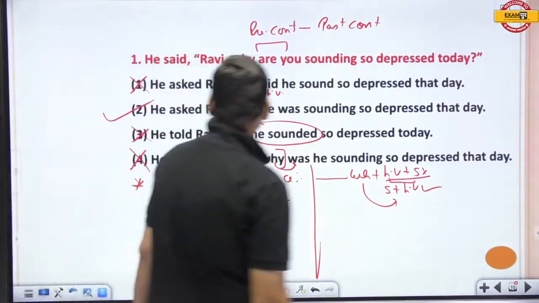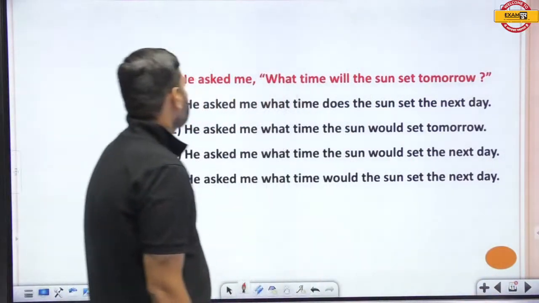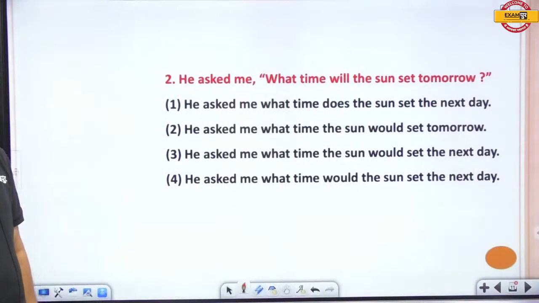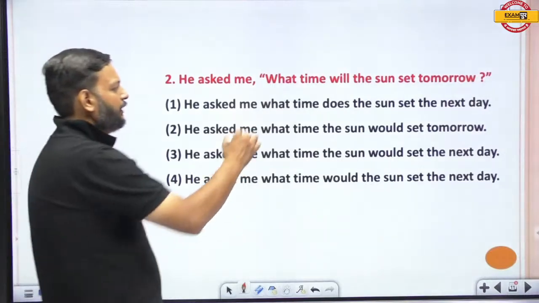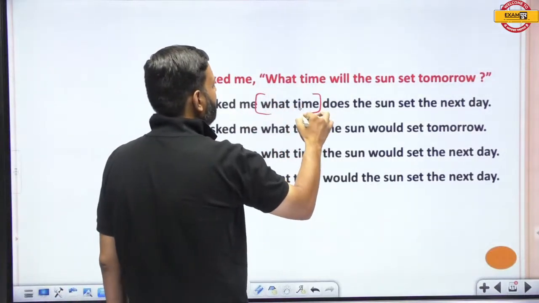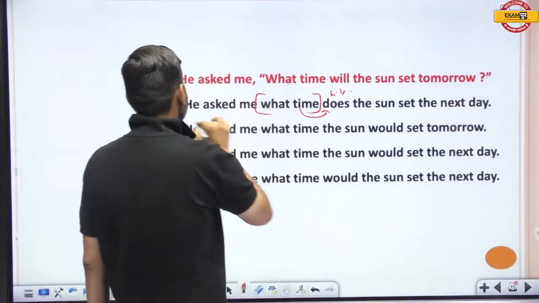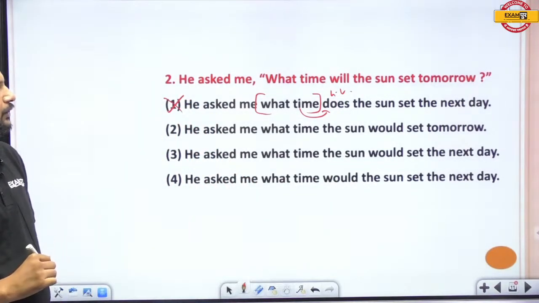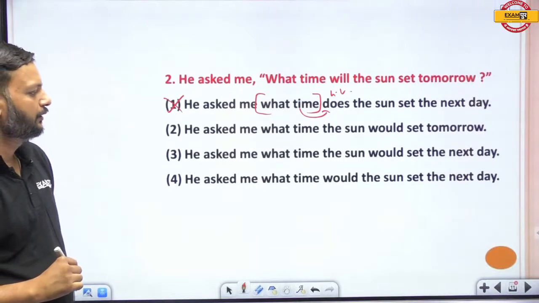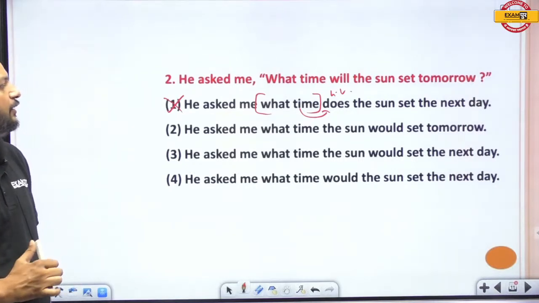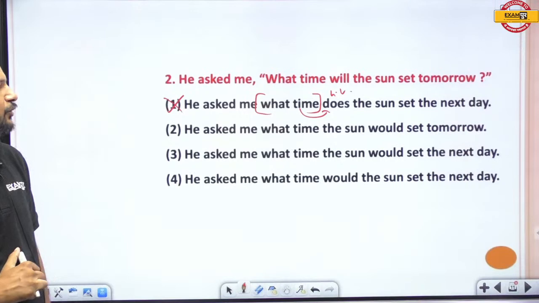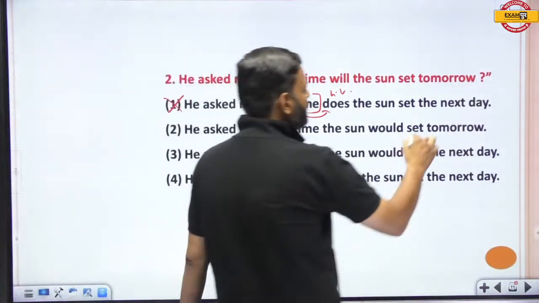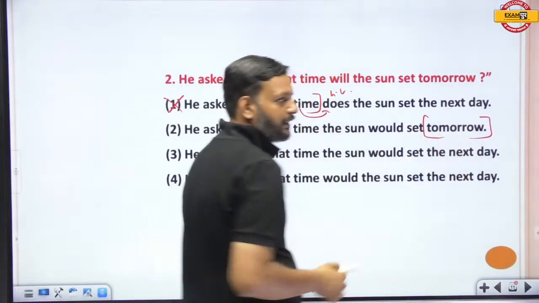Right? Now let's see the second sentence. He asked me what time will the sun set tomorrow. Again, here after WH word we have helping verb, which is not permissible. Eliminate this option. Now, he asked me what time the sun would set tomorrow. Tomorrow has to be changed into next day or following day.